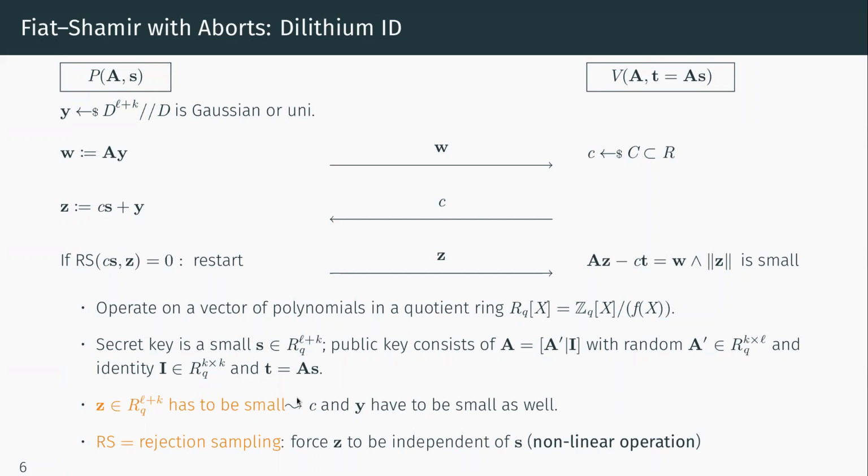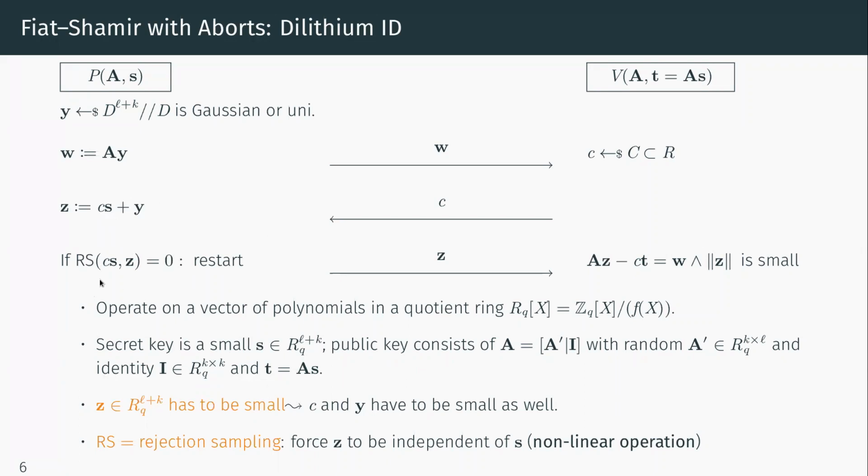Here special care is needed. This response value is not uniform because S is small, so Z has to be small, and since Y is small, the constructed Z depends on the secret.